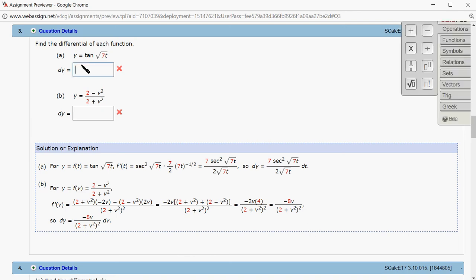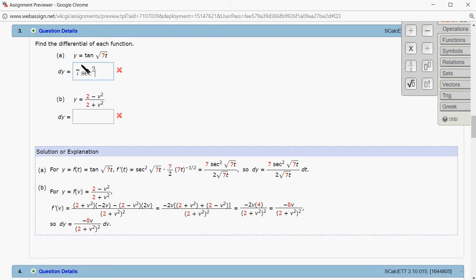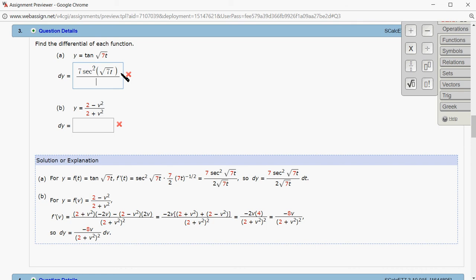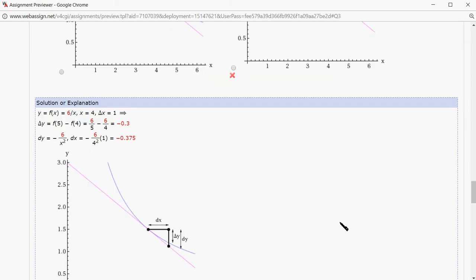So 7 secant squared of square root of 7t, and divide the whole thing by, so I'm going to highlight the whole thing and divide by 2 times square root of 7t. Alright, so let's check the answer.